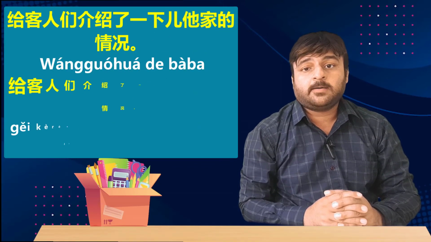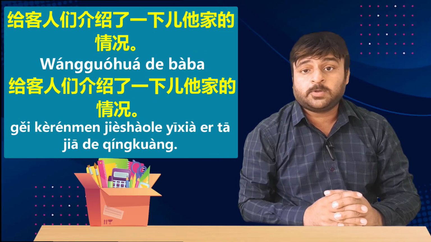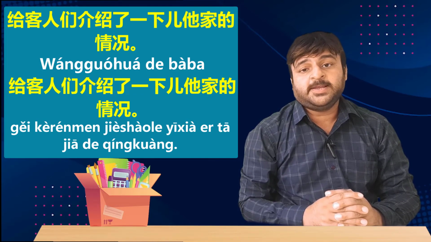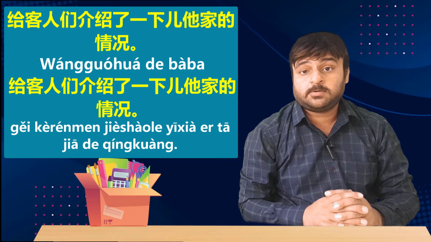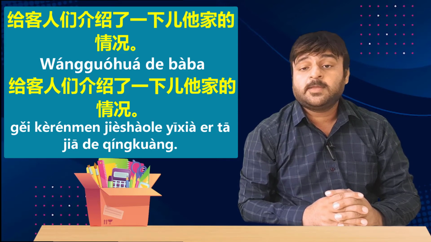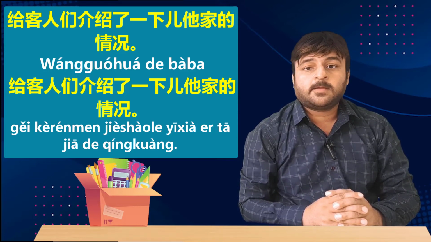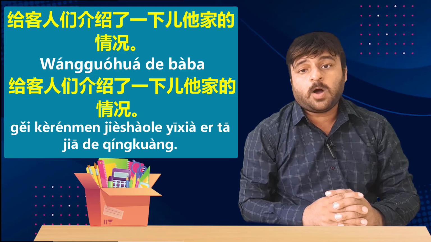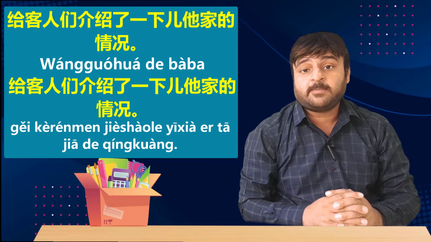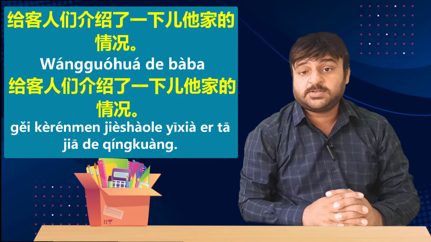auntie. 王国华的爸爸给客人 给 to give 客人 guest 介绍了一下 介绍 introduction or a brief about 一下 a bit 他家的情况 他家 his family 情况 situation.